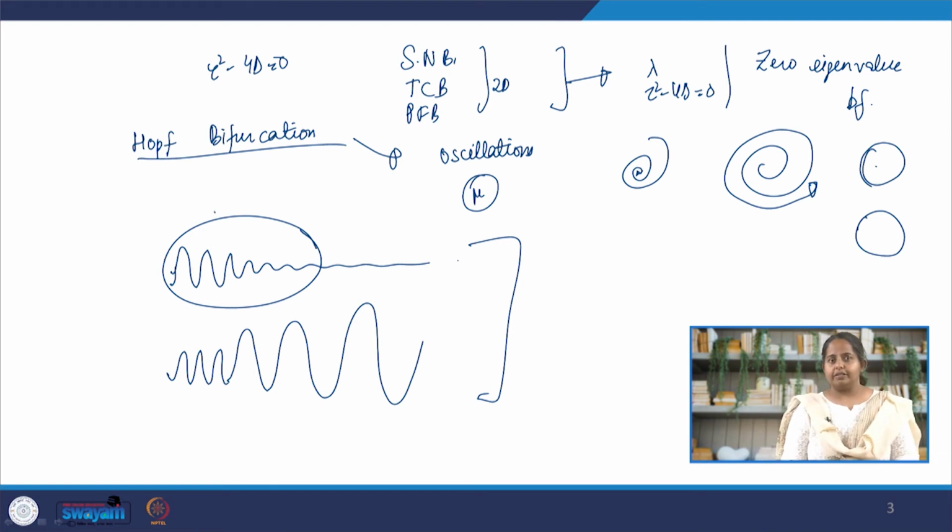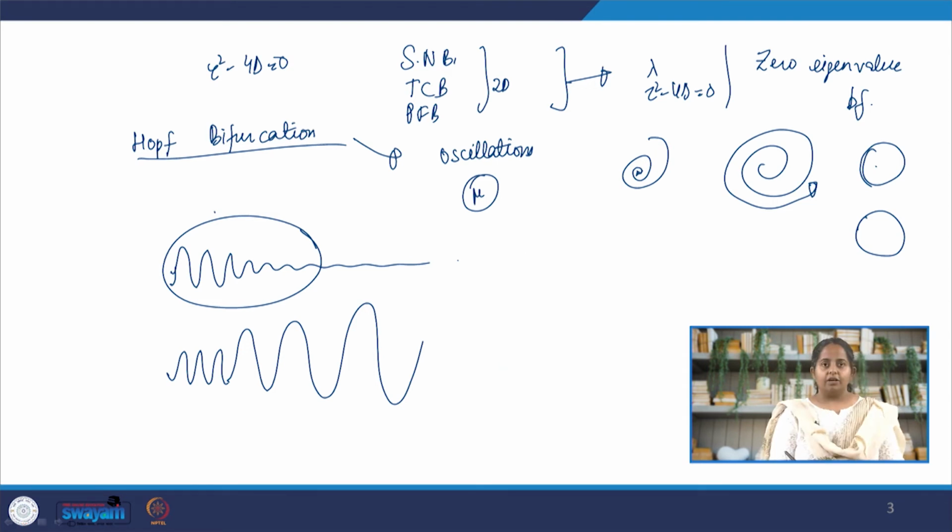So, let us try to understand how Hopf bifurcations behave. Let us say we are looking at the first example where we have oscillations and then the oscillations are disappearing. So, the bifurcation may move in this direction or it may proceed in this direction.